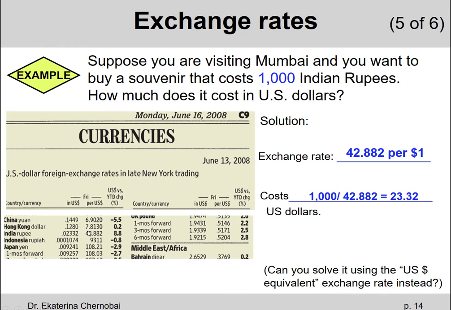If you want to use this number instead to calculate the price for the souvenir in dollars, you would need to multiply. So you take rupees, multiply by dollars per rupee, and then rupees cancel out because you're multiplying by the number that has rupees on the bottom, because it's per 1 rupee. Rupees cancel out, and the unit of measurement that's left is the dollar, and you would get the same answer, $23.32.